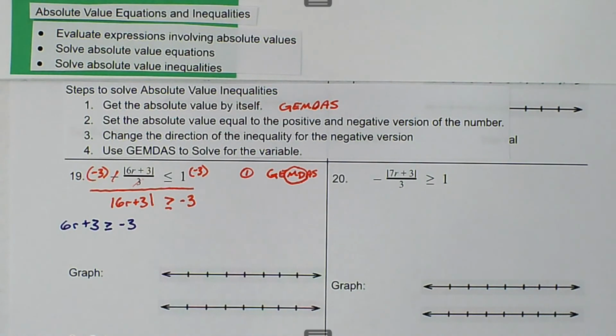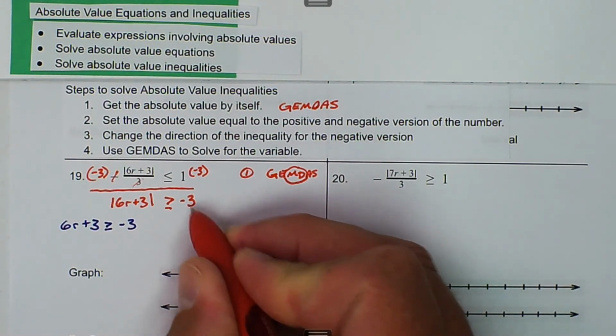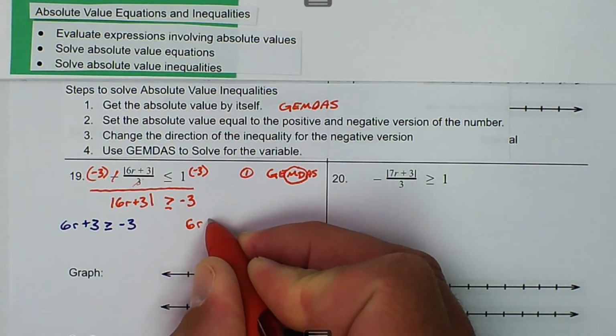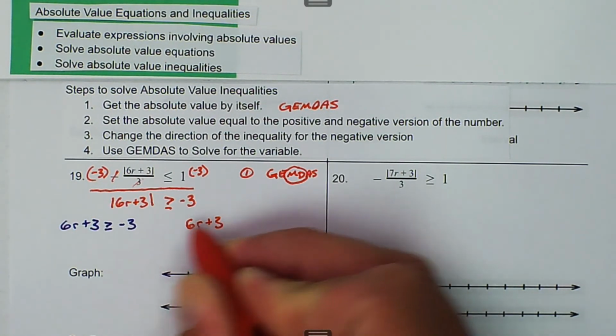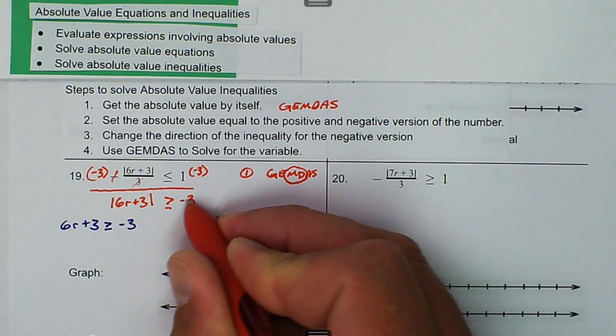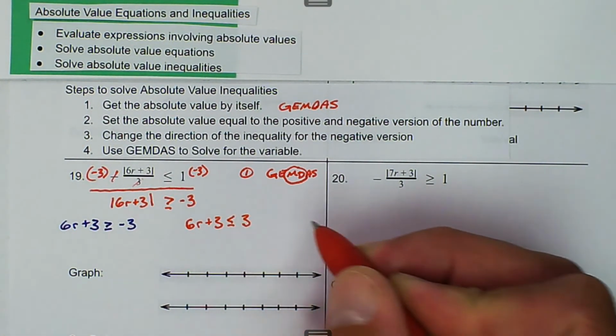So now when we negate it, it's actually going to become a +3 on the other side. So we're going to say 6r plus 3, we change the direction of the inequality, and we multiply the side by -1, which makes it become +3.